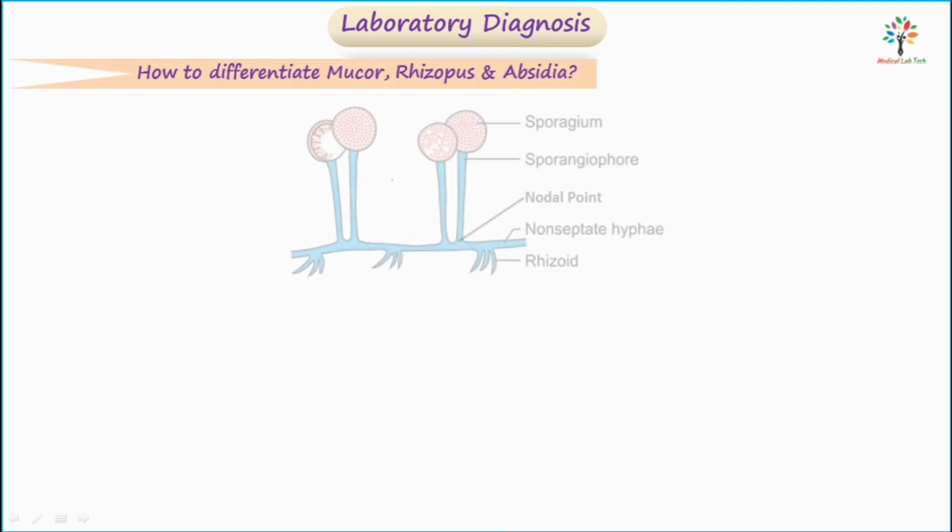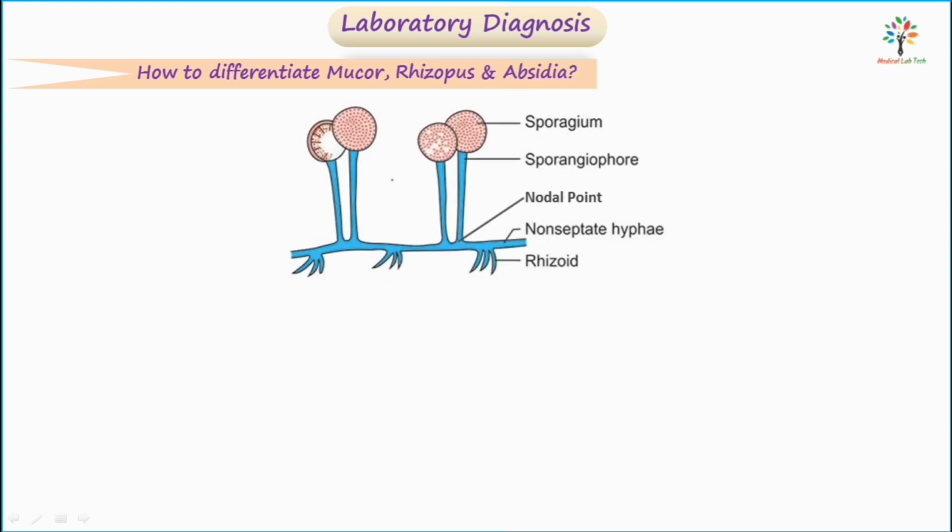Have a look at this. This is a non-septate hyphae. It forms right angle hyphae, and at the end of the hyphae there is a sporangium. The sporangium contains the spores, and the end hypha which contains the sporangium is known as sporangiophore.